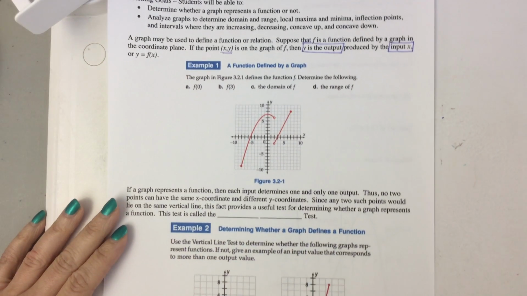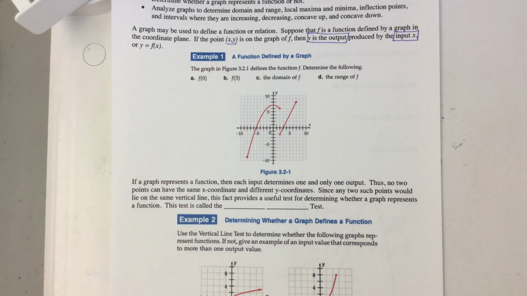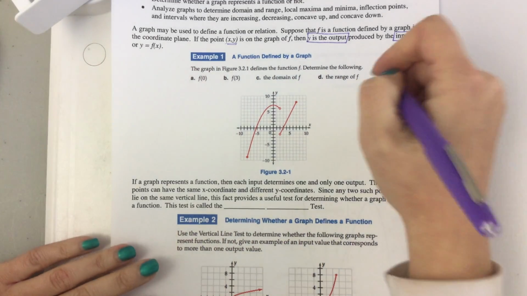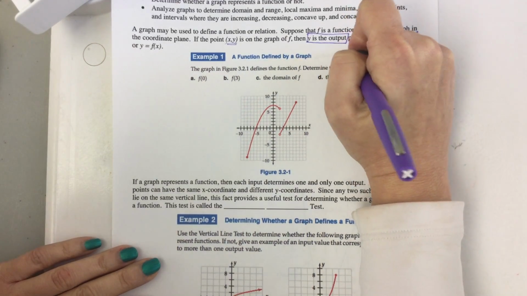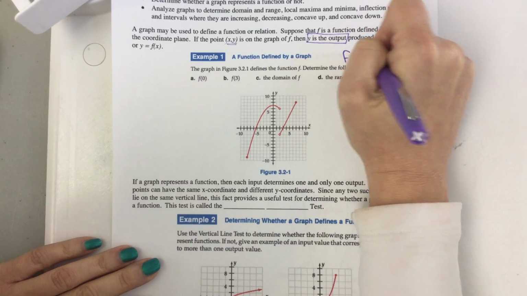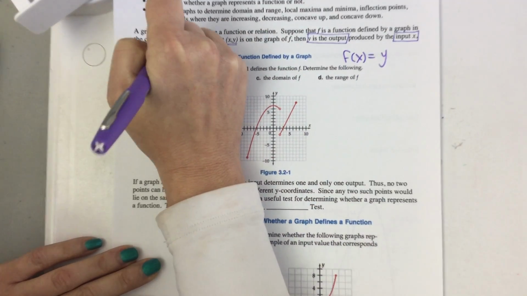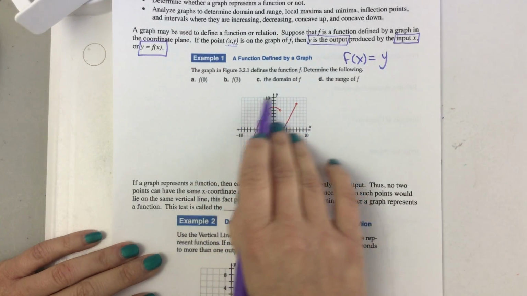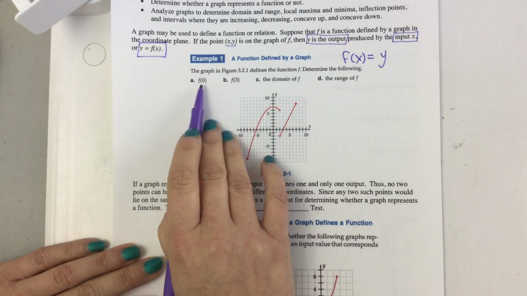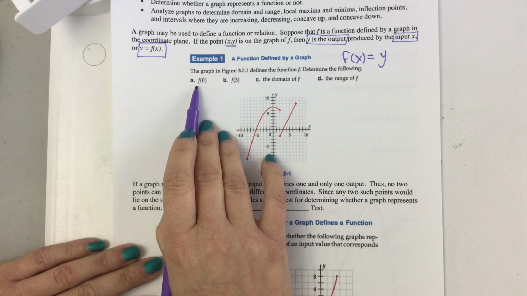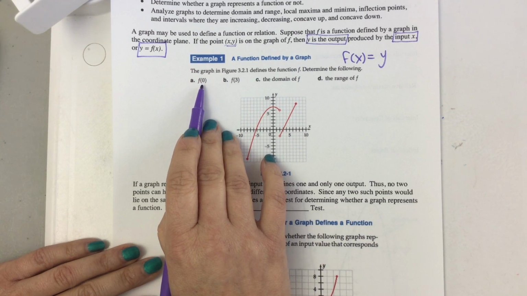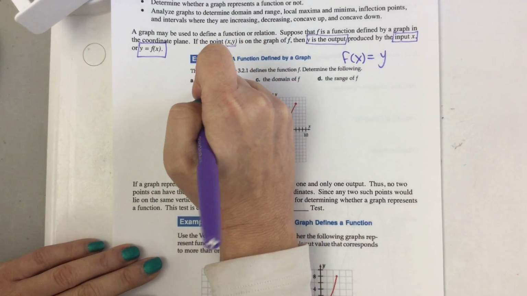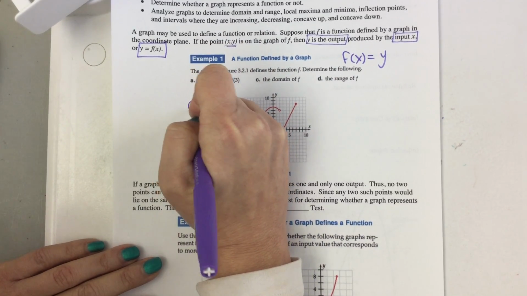Now, here's one of the first things that you're going to see when you practice your exercises from 3.2. Keep in mind, we have this function notation, f of x. What they're saying is f of x equals y. So when they give you a function within the coordinate plane and they want you to find the following, they want you to find the y value. They're telling you that this is x. So here, my ordered pair is 0.